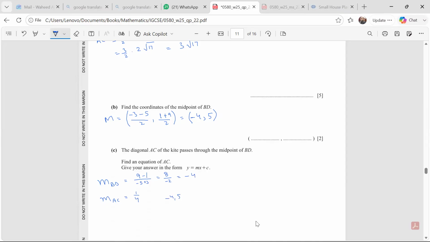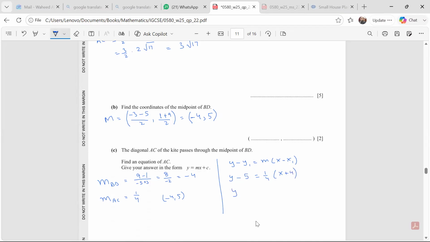Okay, so we know the slope of AC, and AC passes through this point, minus 4 and 5. So now we can find the equation of the line AC. It's easy. We need to do y minus y1 equals m times x minus x1. Y minus y1 is y minus 5. M is 1 by 4. X1 is minus 4, which will become plus 4.